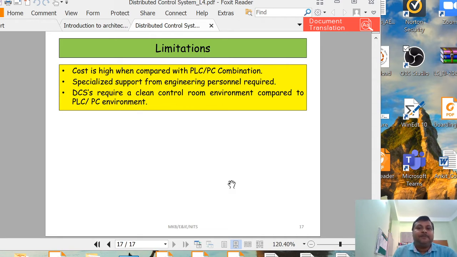So this is all about the distributed control system, and from the next class we will start to understand the architecture of PLC, or the components of PLC, and slowly we will try to understand what programming features are available in PLC. Thank you.